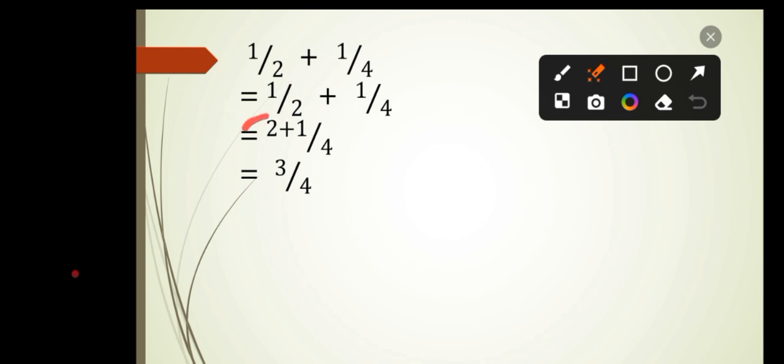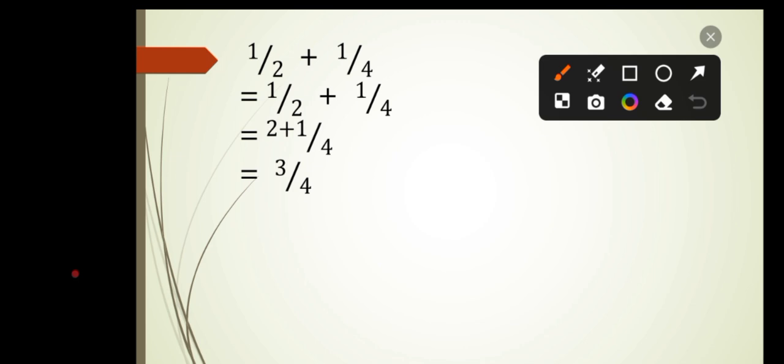So that's how we have this 2. Let's come to this fraction. This denominator 4 will go into this LCM 4 and give us 1. So that 1 times this numerator 1 will give us 1.